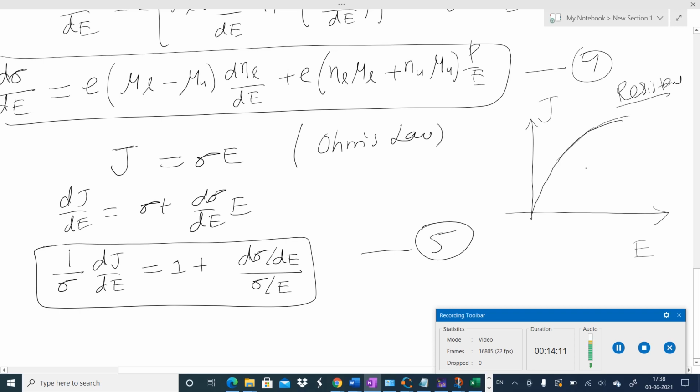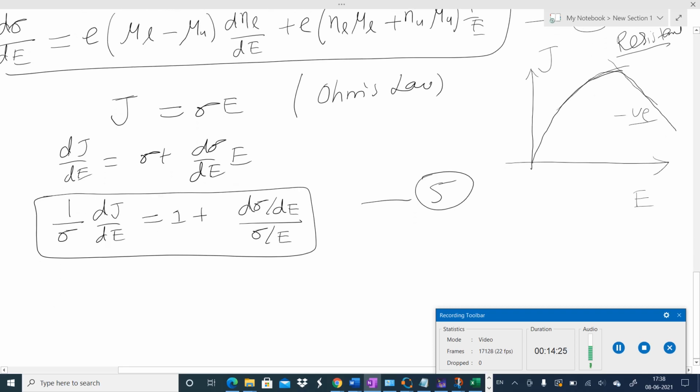But we want bulk materials with negative resistivity, so it means that their JE plot should be something like this, or in other words, the slope of the JE plot should be negative. Hence, this differential dJ/dE should be less than 0 for this bulk material to have negative resistance.